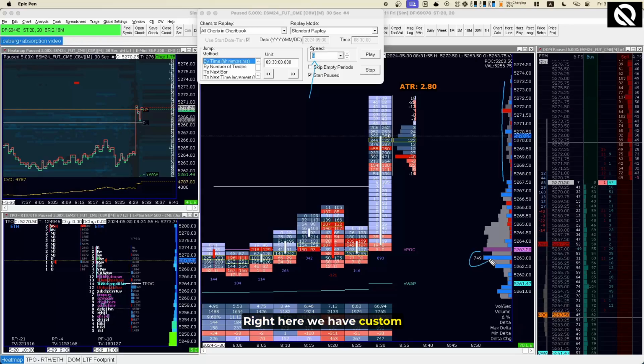We have custom thresholds on our Sierra suite that showcase big difference between bid and ask. Of course, the delta is this type of difference. We had more buyers than sellers, and the higher this number is, basically you had a lot more buying activity at this exact reference, okay? So let's take a look at this 72 and press play right here.